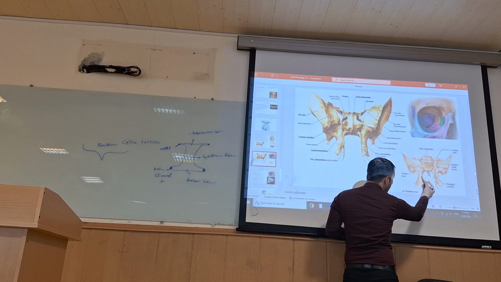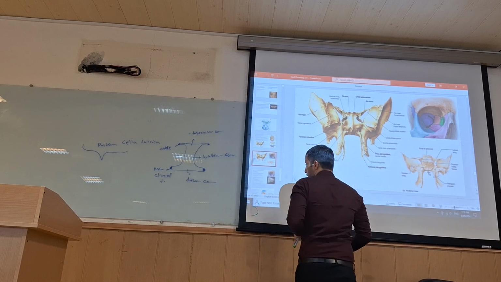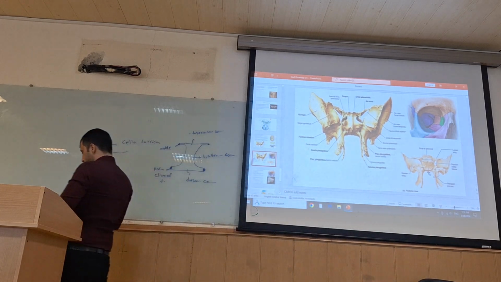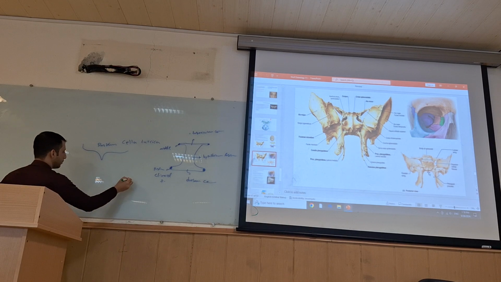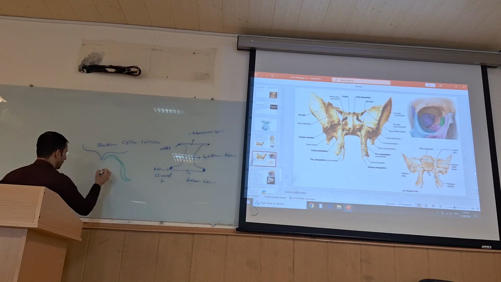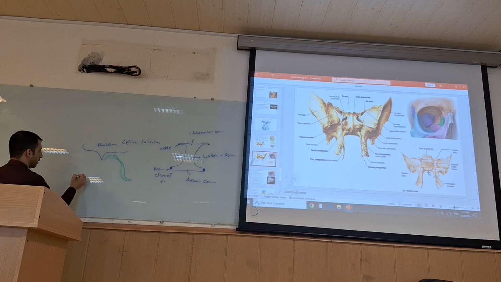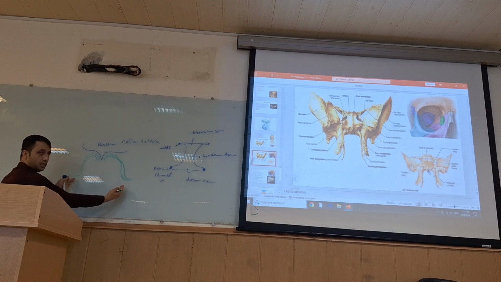When the medial plate of the pterygoid process arrives at the inferior surface of the body, it makes this shape. Okay, they are the medial plate of the pterygoid process.